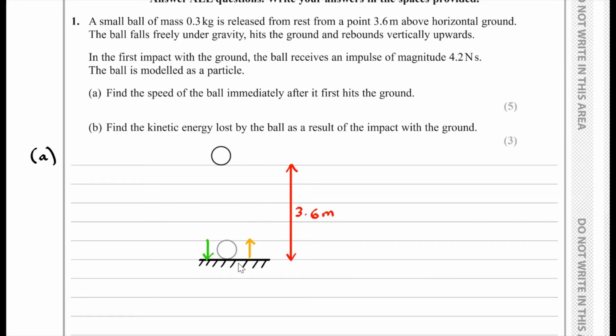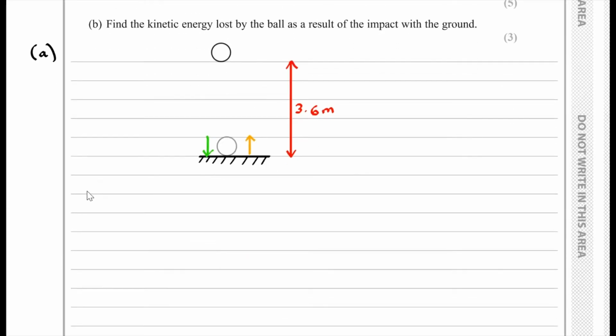the speed of the ball immediately after it hits the ground. Now to do this we would have to use the Suvat equations to find the speed just before the impact. Okay, so the speed just before the impact, let's write this down.